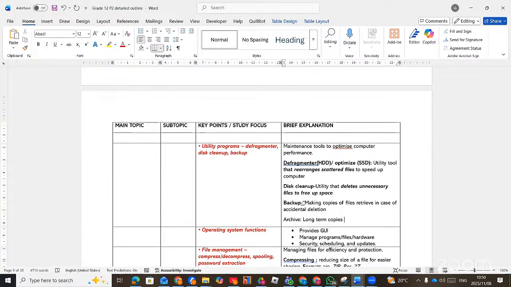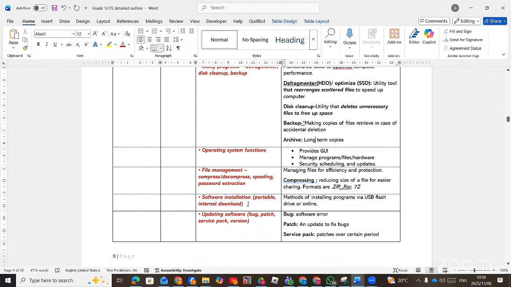Let's say you have old pictures that you want to keep somewhere, or your marks from grade 1, grade 2, then the school will keep them on a CD or any storage medium. So that's archive, which is different from backup. Backup can be something you make today, and then tomorrow maybe you delete it, then you go for it. You must take note of these two.